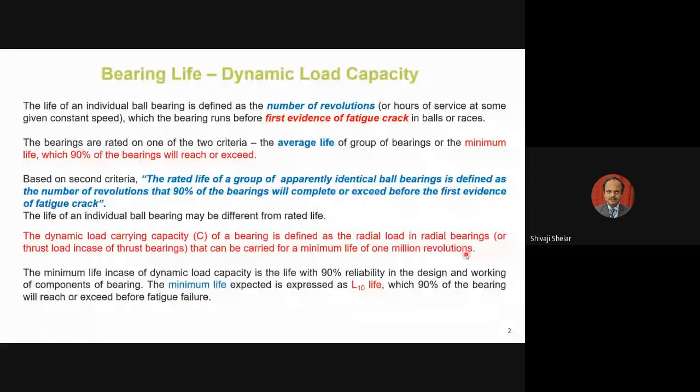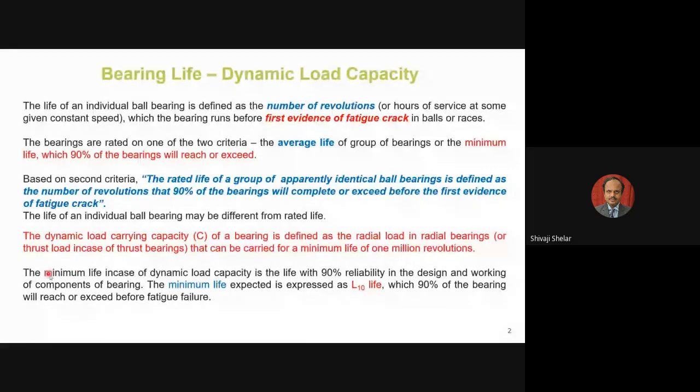So dynamic load capacity is associated with bearing life, and the bearing life taken here is the minimum bearing life, the rated life of 1 million revolutions. If my L10 life is equal to 1 million revolutions and I apply a radial load for a radial bearing, or a thrust load for a thrust bearing, that load is called the dynamic load carrying capacity of that bearing.